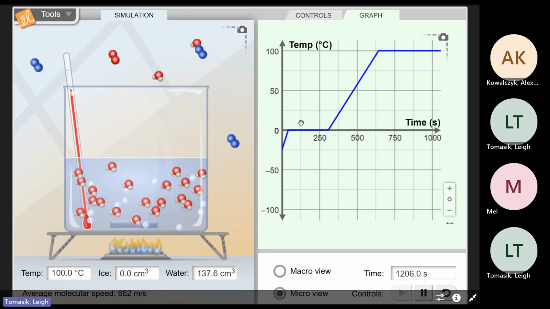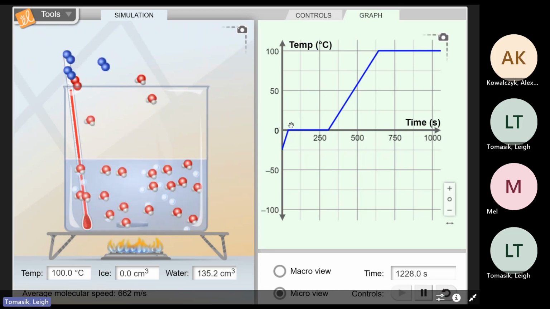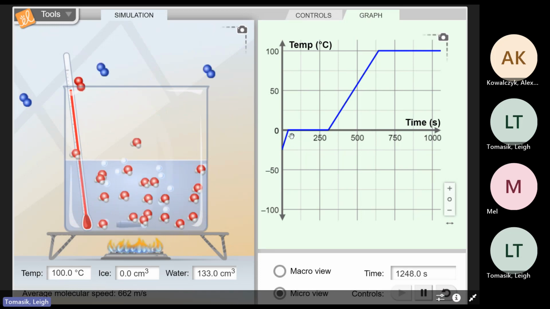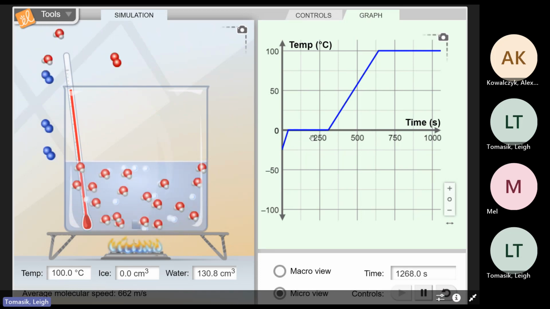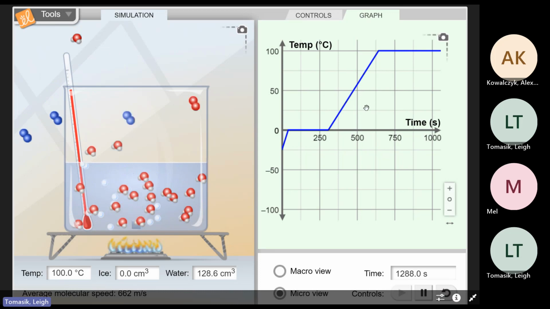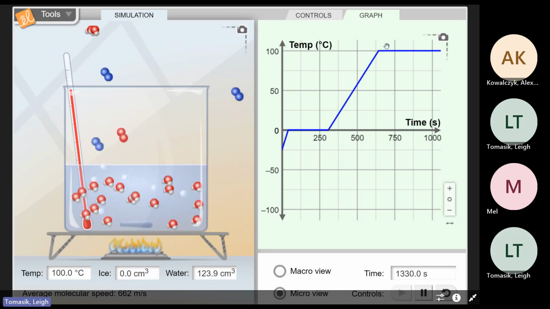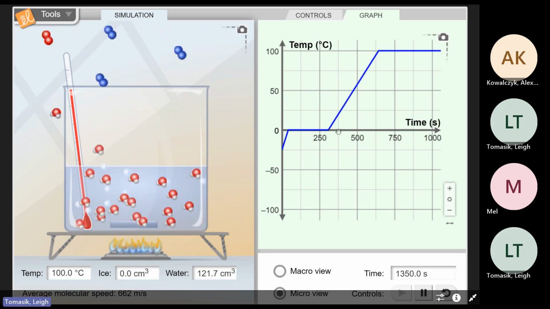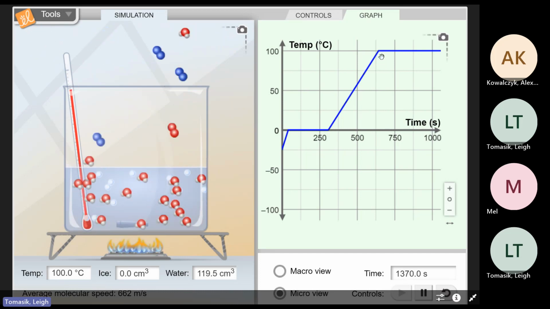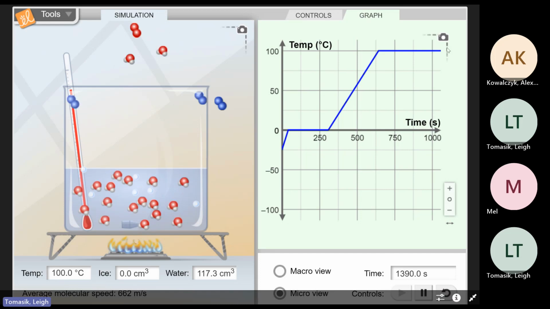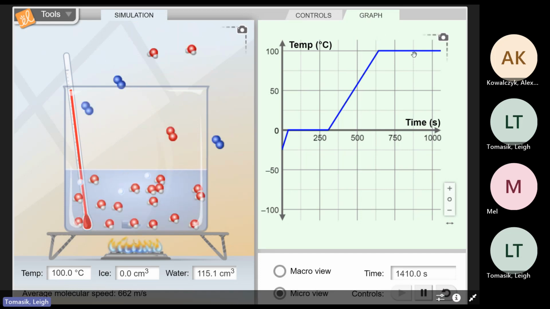So the heat that is being added during the plateau is going to the change of state, the phase change. And then during the slanty parts, it's causing the kinetic energy of the particles to rise. It's causing them to move faster. And then when it plateaus again, there's another phase change.